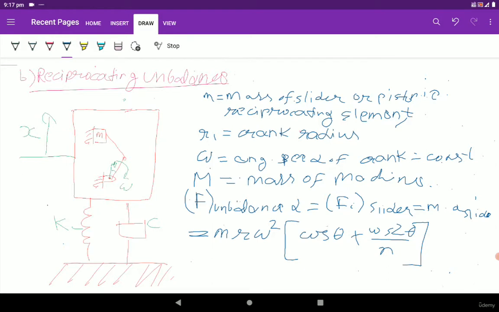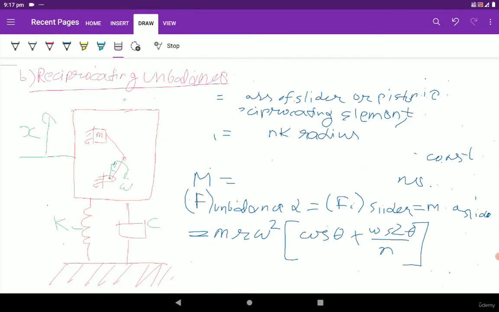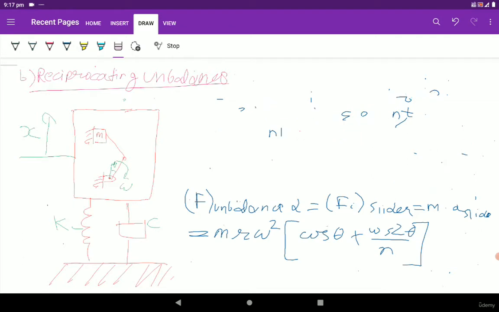So if n is very large, we can neglect cos 2 theta by n.